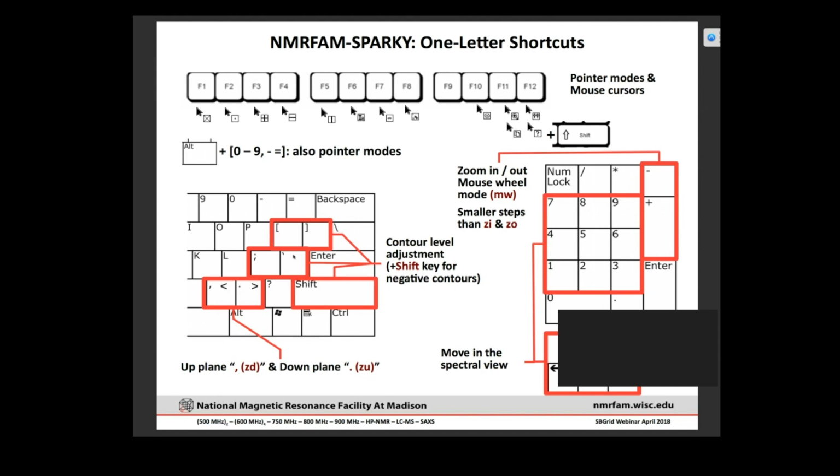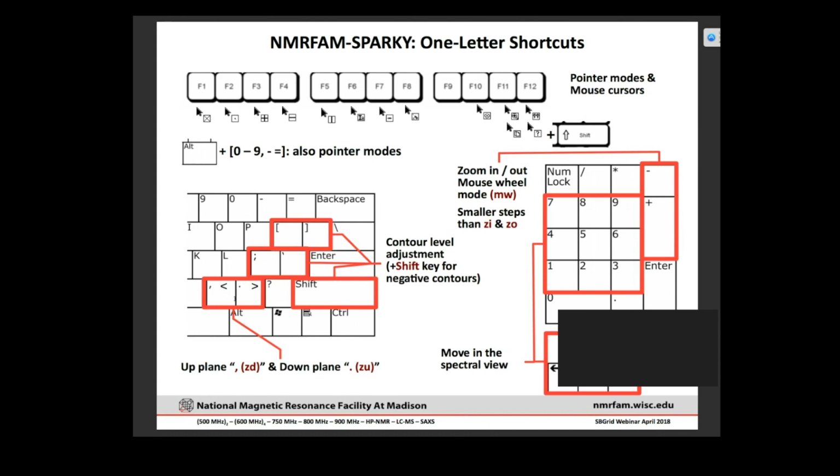That means you will have more crowded peaks in your spectral view. And if you press this semicolon key, that increases your contour level threshold, then you will see sparse peaks and much sharper peak shapes.